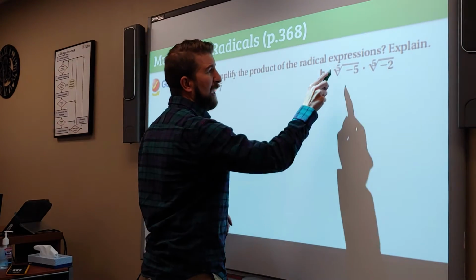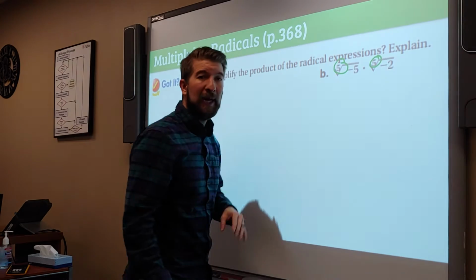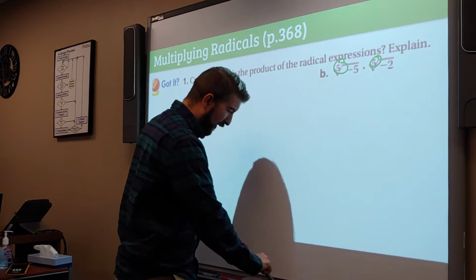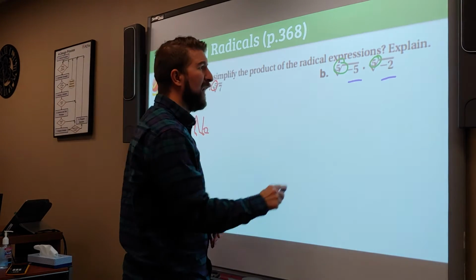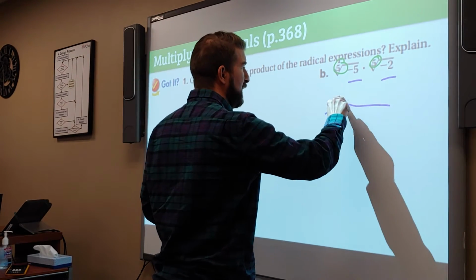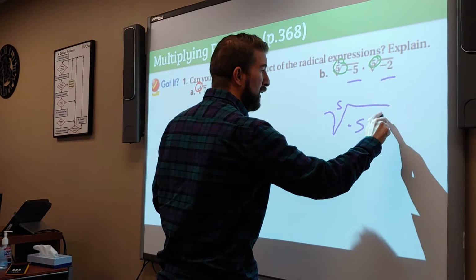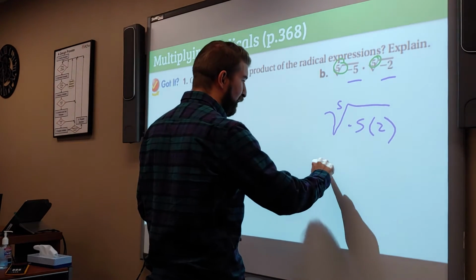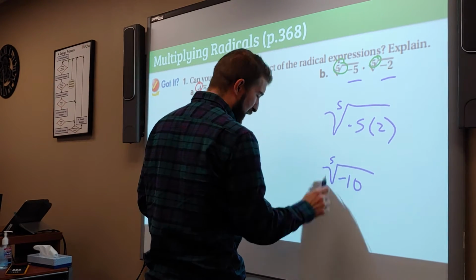Then we look at example B. We have a root of 5 and a root of 5. Those match up. Therefore, we can multiply -5 and 2. So we could rewrite this as the fifth root of -5 times 2. And then we would say -10, fifth root.